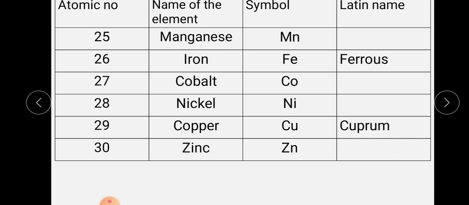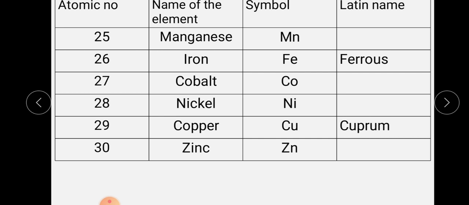Next, atomic number 25, that is manganese, and symbol is Mn. Iron, Fe. It also has a Latin name, ferrum. That's why the symbol of iron is Fe. Next, 27th element is cobalt, Co. 28th element is nickel, Ni. 29th element is copper, and it also has a Latin name, cuprum.